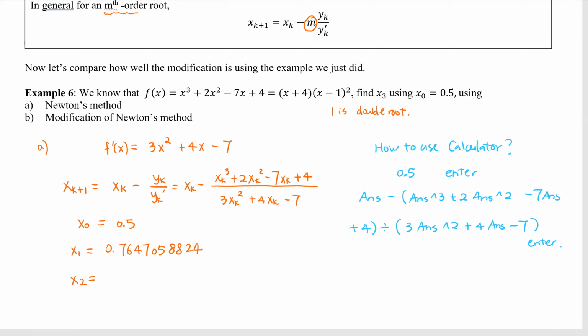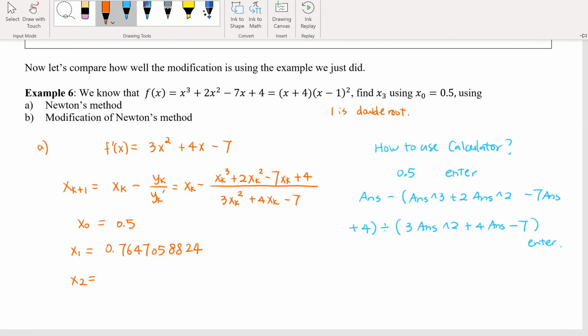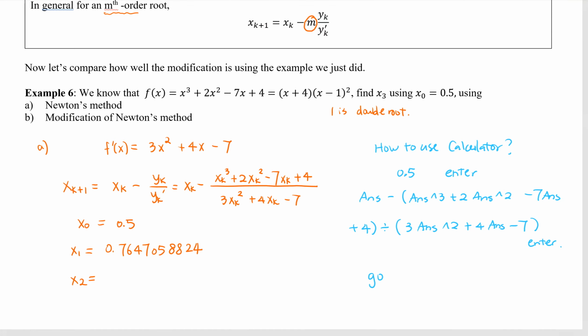Well, we don't need to type the whole thing again. Remember, we just go up to that line, and then enter. So please make sure you know how to use your calculator.